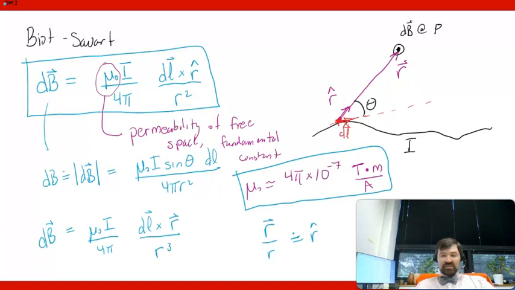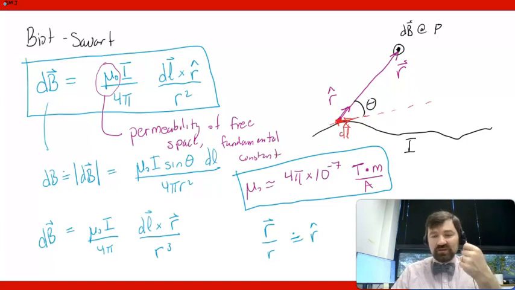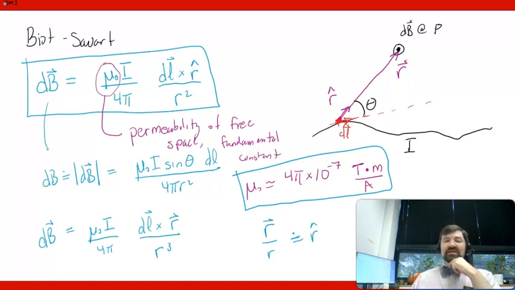Why do I say approximately equal to? It was originally defined to be this, but with our definition of what are the most fundamental base constants and what are constants derived from those, the speed of light in vacuum is a fundamental constant that defines our entire metric system of measurement.